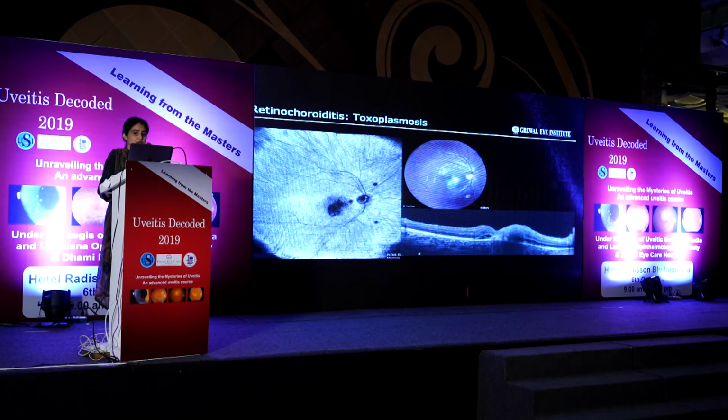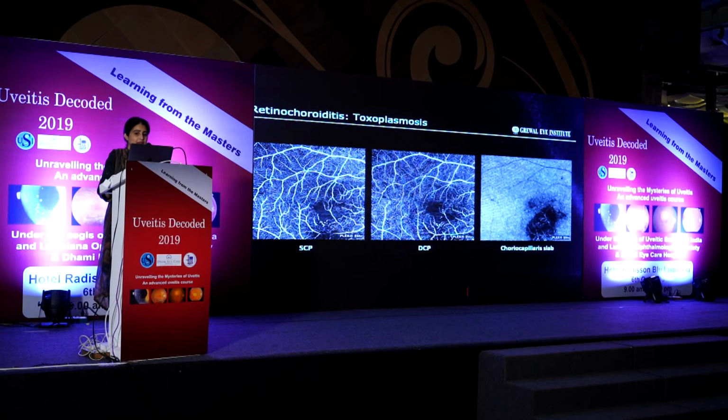From choroiditis, let's move one step further, which is a retinochoroiditis. That means toxo is the most common entity that we usually see. Here again on color picture, you can see a fresh toxo lesion near the fovea. And since the site of involvement is usually retinochoroidal, your superficial and deep capillary plexus will show abnormality also, as seen up here, as little areas of lost architecture, could be hypoareas, could be an inflammatory blockage, could be inflammation.